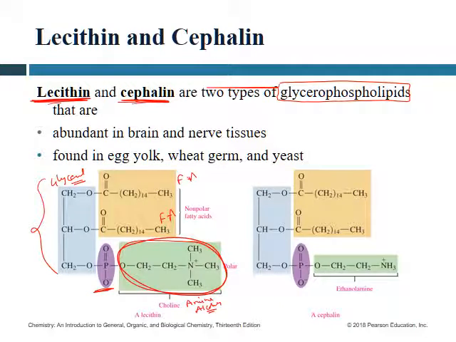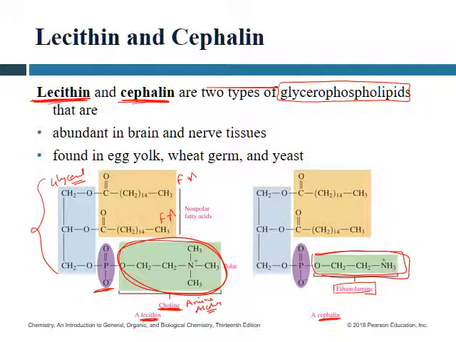In lecithin you have choline as the amine alcohol, whereas in cephalin you have ethanolamine. This is different. Except for this, every other structure is the same, because this is the same structure of glycerophospholipid. So depending on which alcohol is present as the amine alcohol, you can have different types of glycerophospholipid.